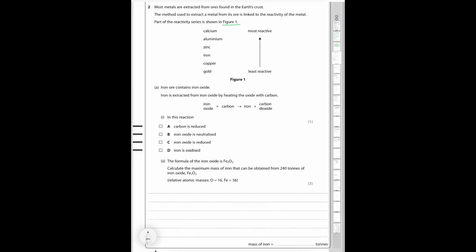So if we have a look, the correct answer is C, because the iron oxide is going from having oxygen to not having oxygen. So the iron oxide is being reduced. The carbon is going from not having oxygen to having oxygen. So the carbon is being oxidized.